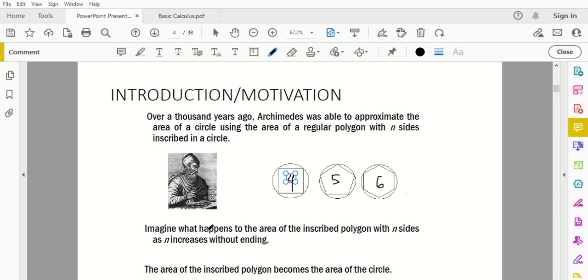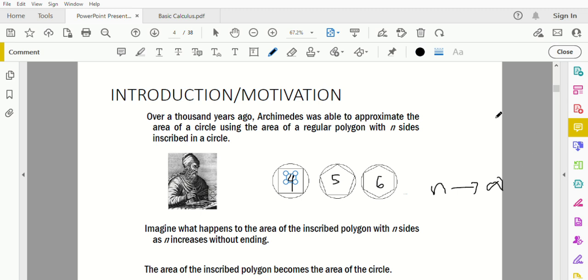Now imagine what happens to the area of the inscribed polygon with n sides as n increases without ending. Meaning as n approaches infinity.